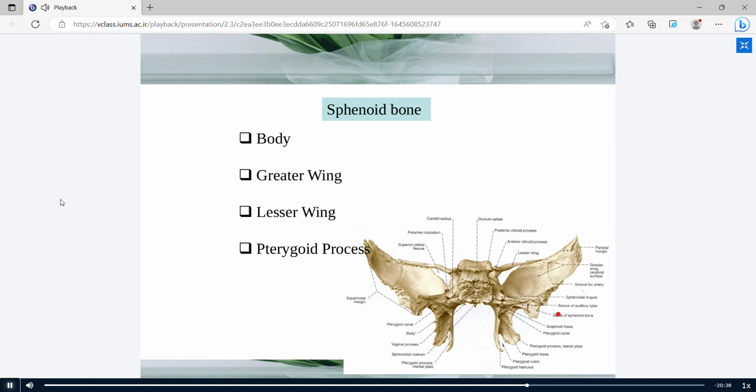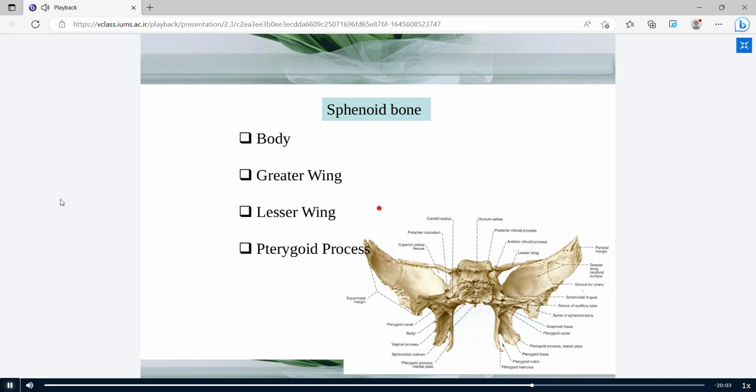The sphenoid bone has a central part or body, and several projections: the lesser wing, the greater wing, and the pterygoid process.